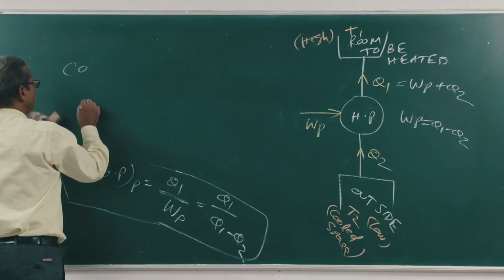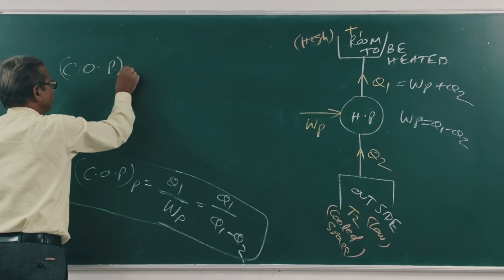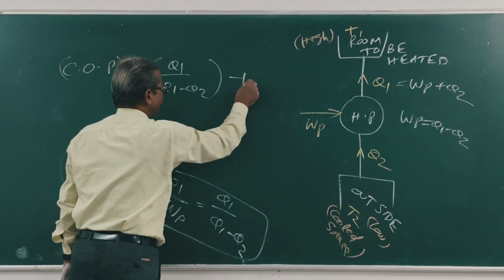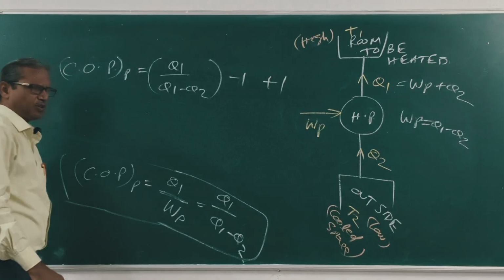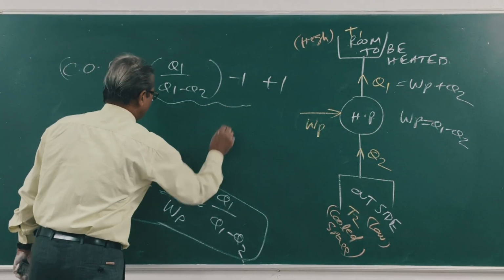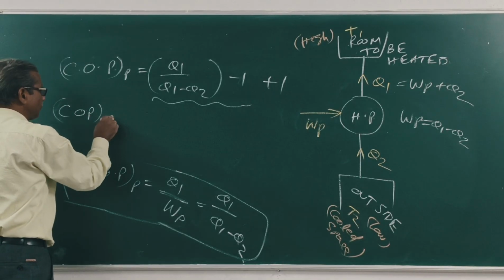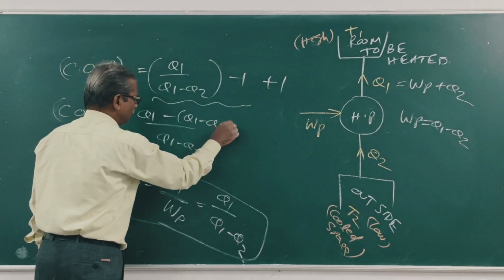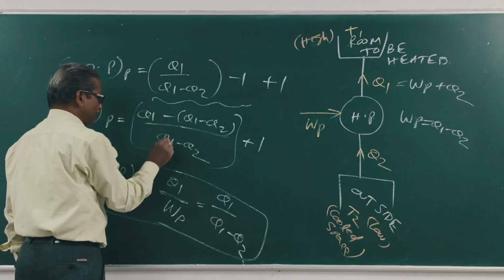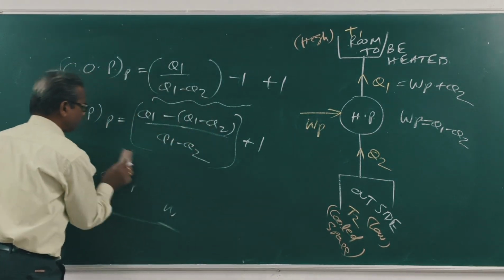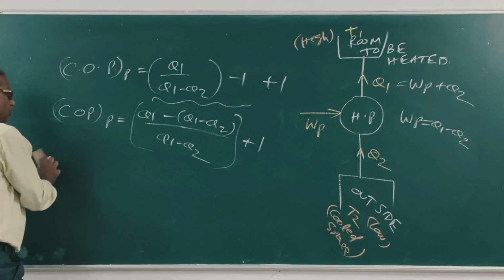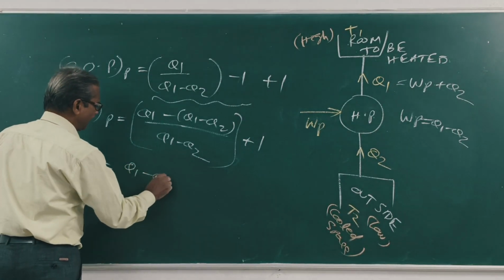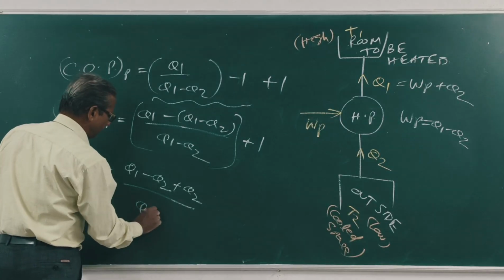Now, COP of heat pump is equal to Q1 by Q1 minus Q2. I will make it minus 1 plus 1. Clear? So this makes this 1. So COP of heat pump is equal to, taking LCM, Q1 minus Q2, Q1 minus Q1 minus Q2 plus 1. Clear? So this is equal to Q1 minus Q1 plus Q2 by Q1 minus Q2, plus 1.